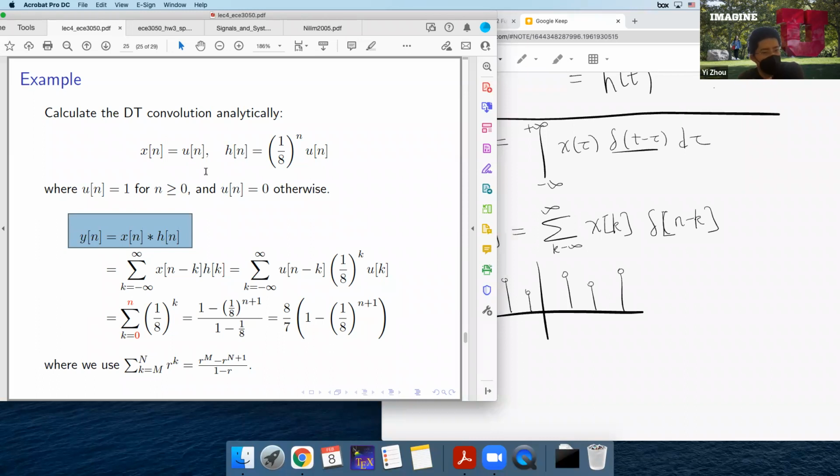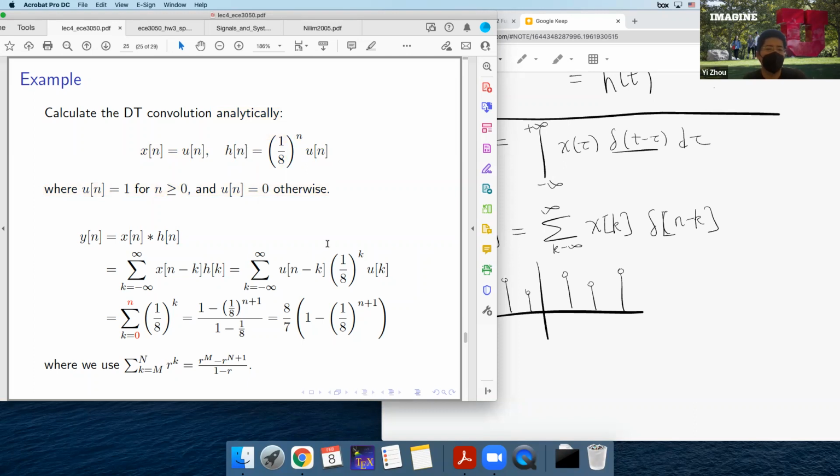And again, we just follow the formulas of discrete convolution, plug in everything, and then do the summation. So by definition, the discrete convolution is defined as follows. This is just the definition. And then we can substitute x and h inside. So for the h[k] part, we just replace small n by small k.